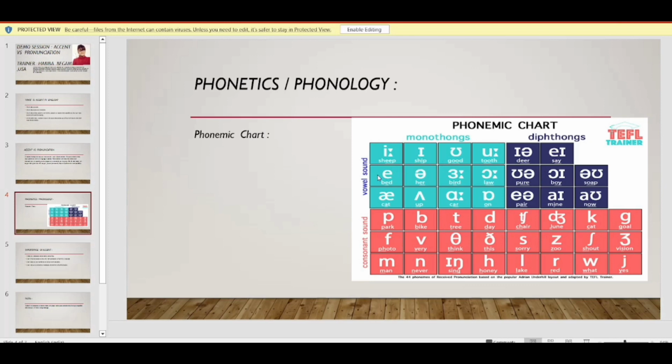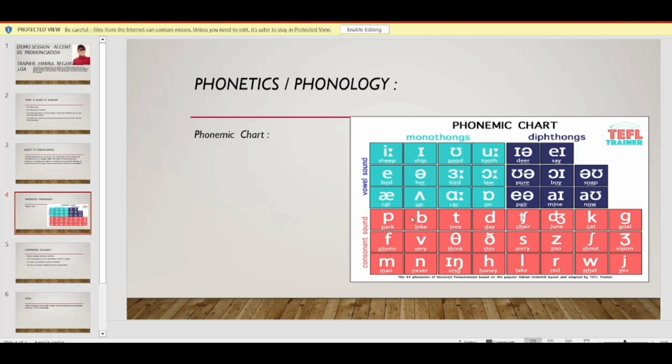So that means this one and this one. Like say, table. Oi, like boy. Okay, so understood. Diphthongs means double vowel sounds, and monophthongs means single vowel sound.